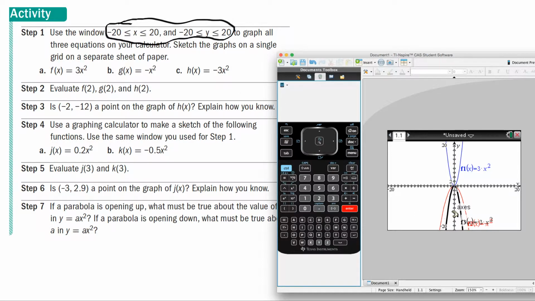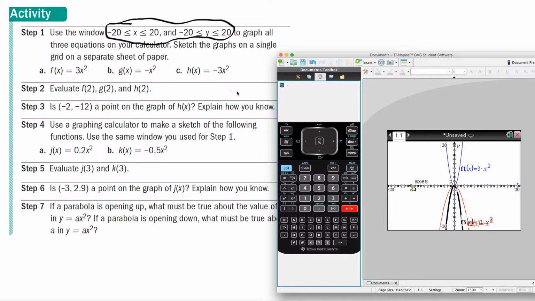We see that one is wider than the other, and the red graph is our f of 2 graph, which is the negative 1 times x squared. You can see that that's wider than the f of 3 graph, and that has to do with the coefficient. The larger the coefficient, the narrower the graph is going to be, the more rapidly it will change for a change in the x component.